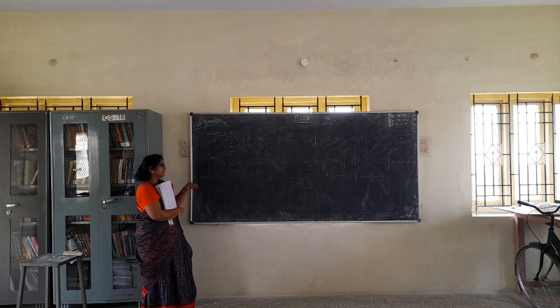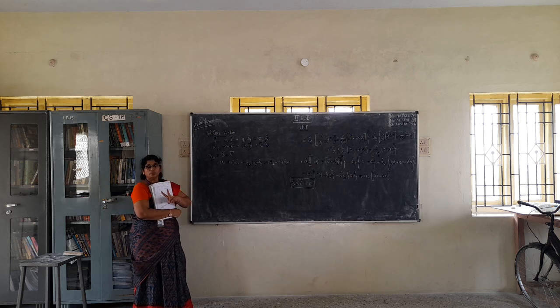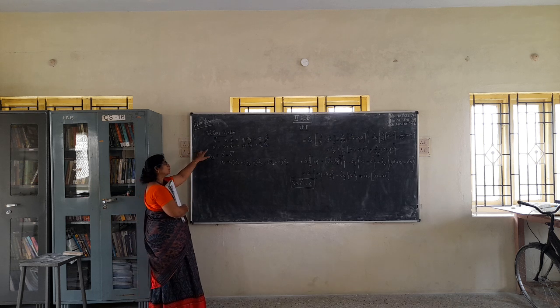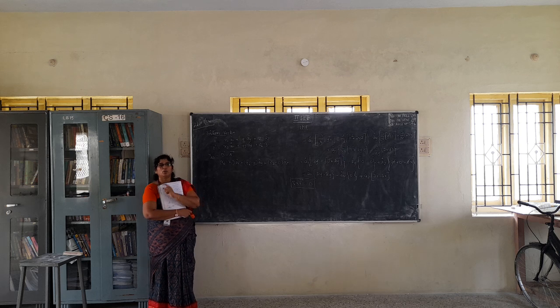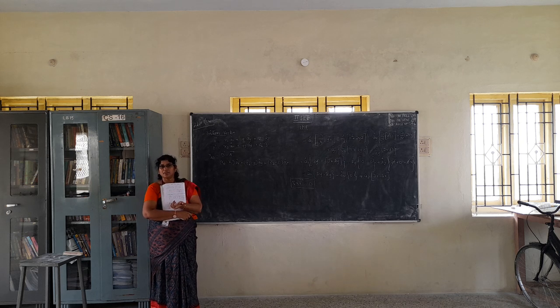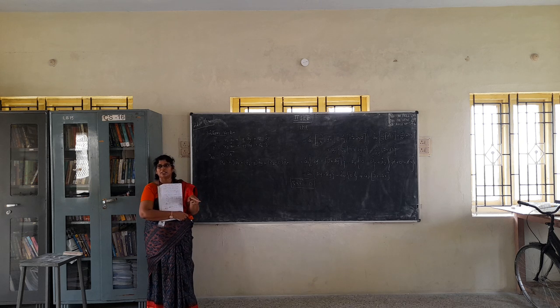For a single vector's position vector, we have to consider the other point at origin, assume 0, 0, 0.